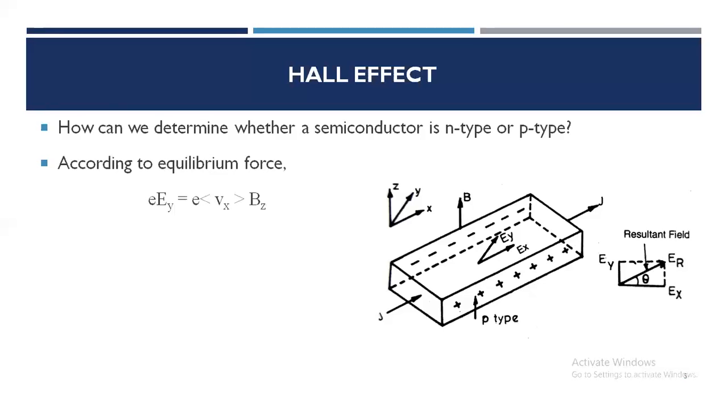When a magnetic field of flux density Bz is applied to this slab in the direction of z, the carriers will experience a Lorentz force perpendicular to Vx and Bz.